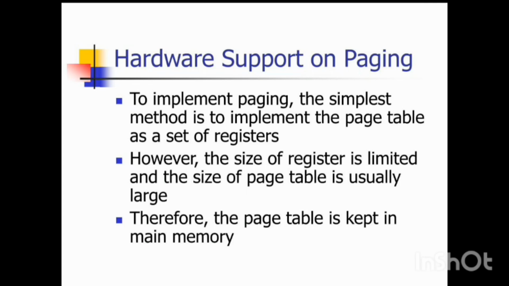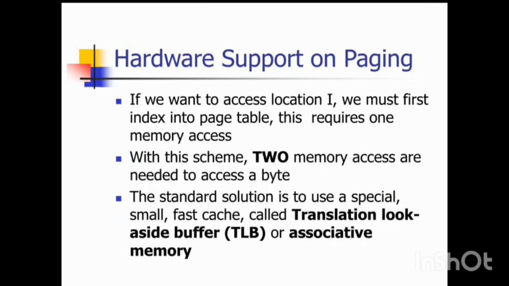Hardware support for paging. To implement paging, the simplest method is to implement the page table as a set of registers. However, the size of registers is limited and the size of the page table is usually large. Therefore, the page table is kept in main memory.